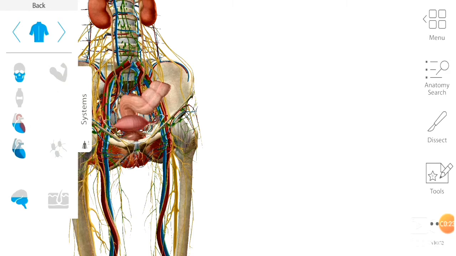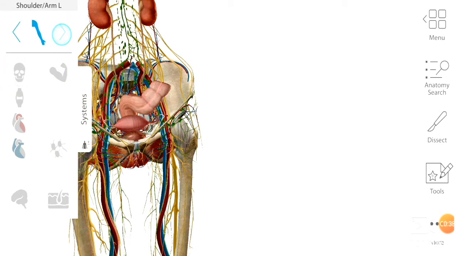I am going to remove the arterial system, venous system, and the nervous system of the abdomen, including the musculature of the abdomen. And also I am going to remove the GIT of the abdomen except up to the level of the sigmoid colon, to understand the regions of the pelvic inlet and the perineum itself.